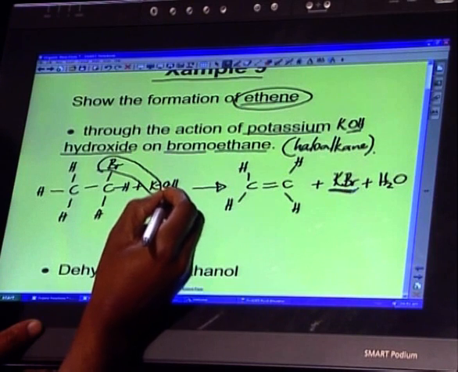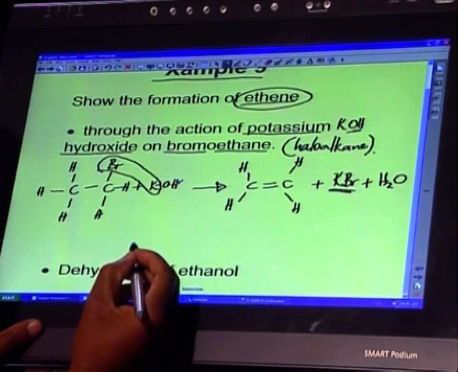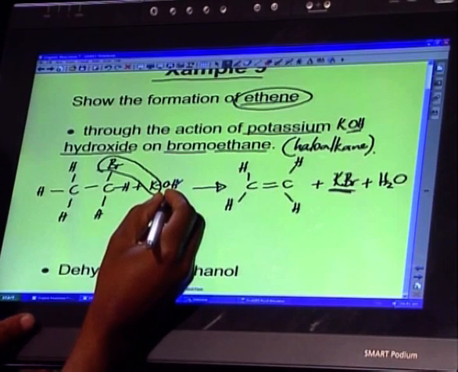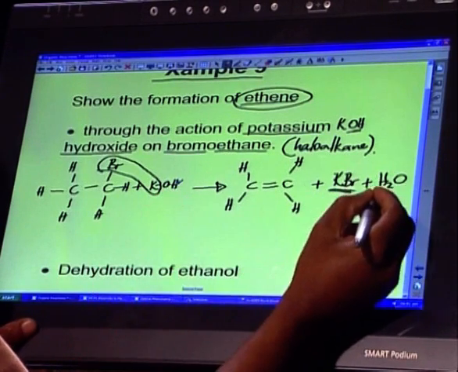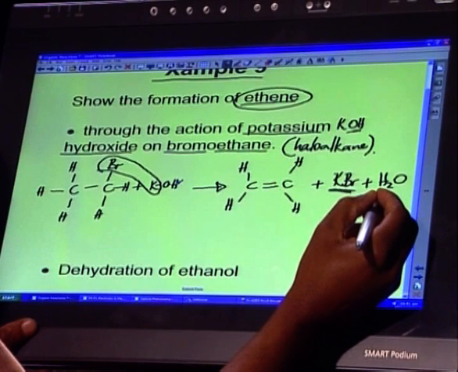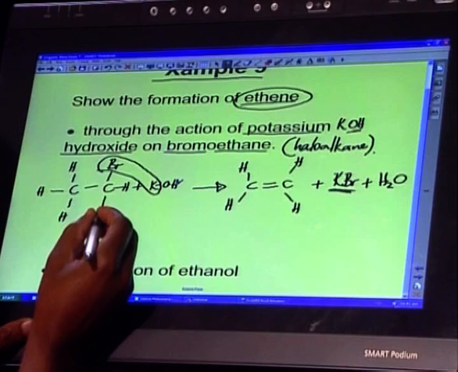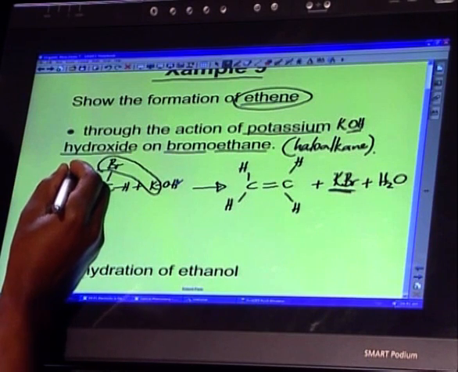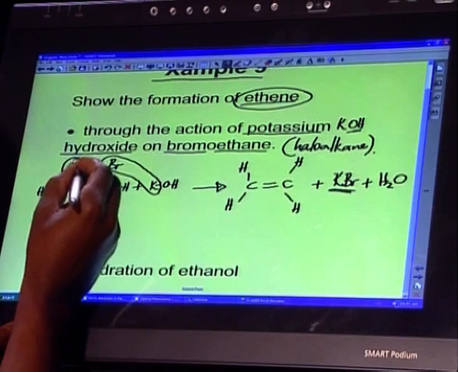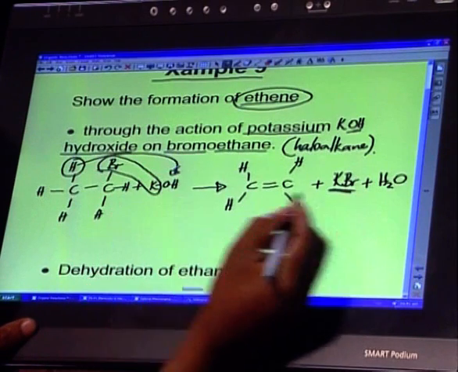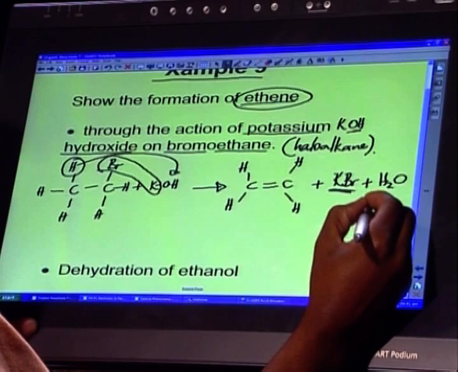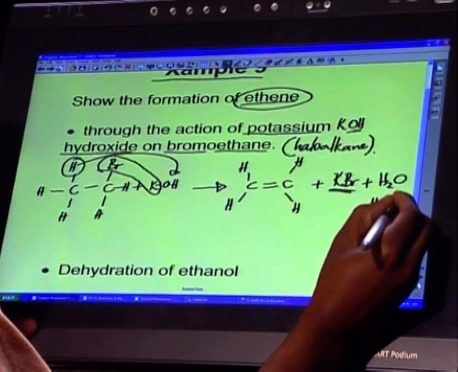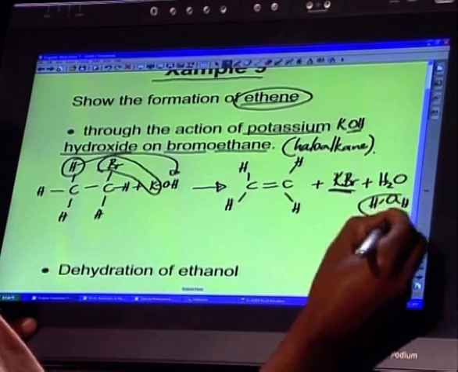I'm left with the OH. Now, that OH there cannot be remaining alone as a product. Obviously, one of the hydrogens, maybe that one, will come in to form the HOH bond there, which is the water molecule.